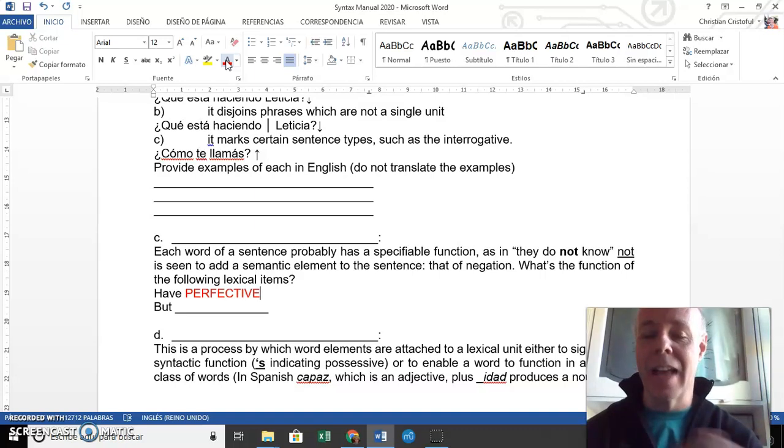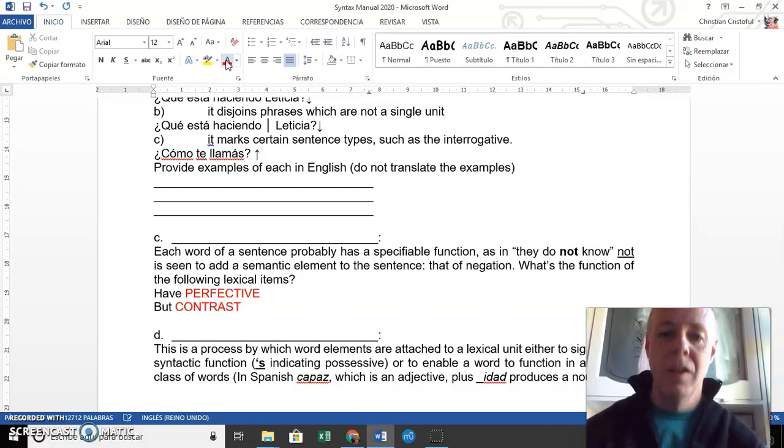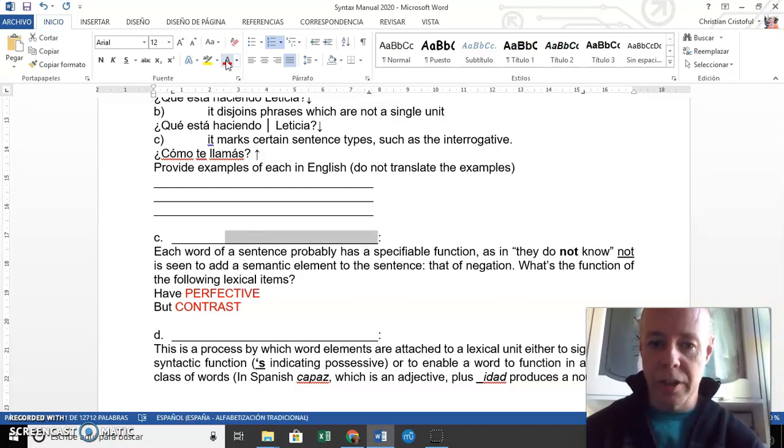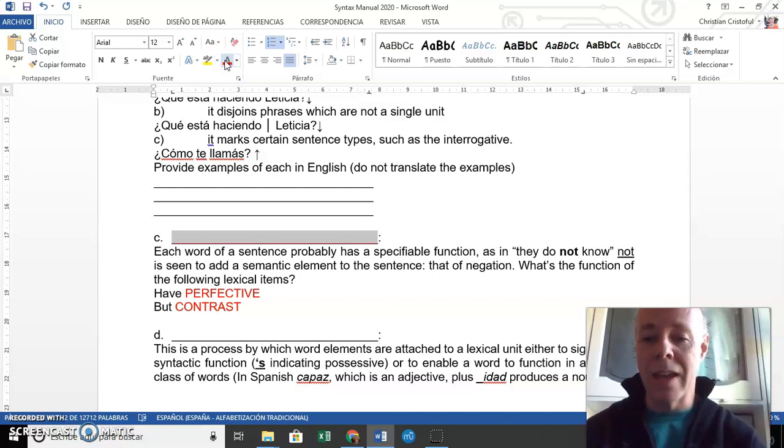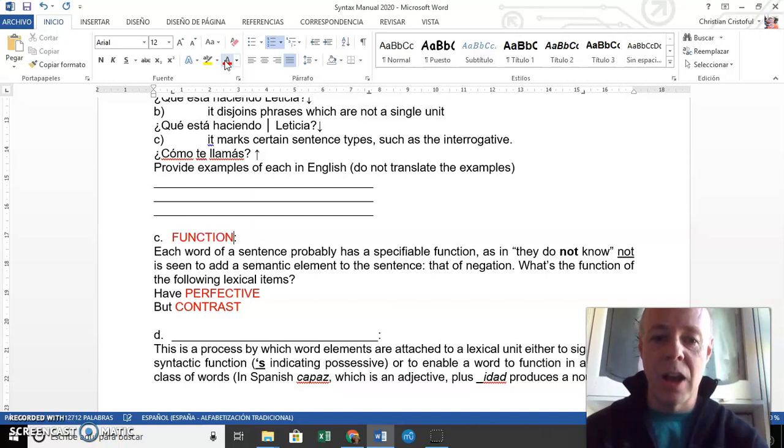I have eaten. I have walked. Have makes it perfective. What about the word but? Yes? Right. The function is to contrast. So what is the third signal? We have talked about the function of not, which is negation, the function of have, which is perfective, and the function of but, which is to make a contrast. Right. The third one is function word.